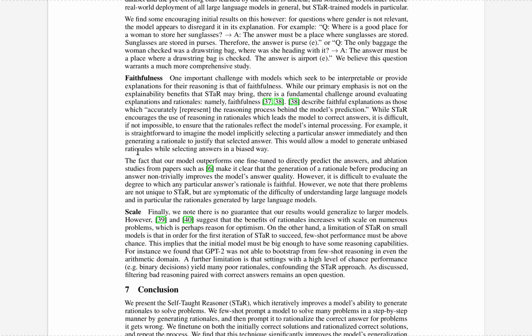However, it is difficult to evaluate the degree to which the particular answer rationale is faithful. However, we note that these problems are not unique to STaR, but are symptomatic of the difficulty of understanding large language models, and in particular, the rationales generated by large language models.